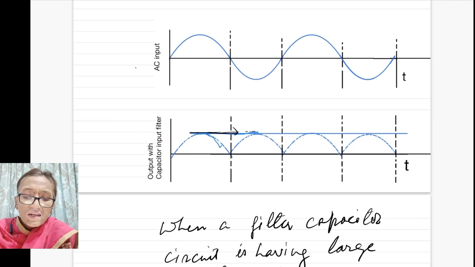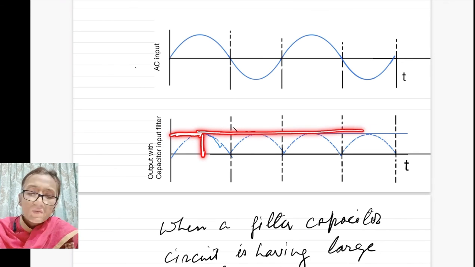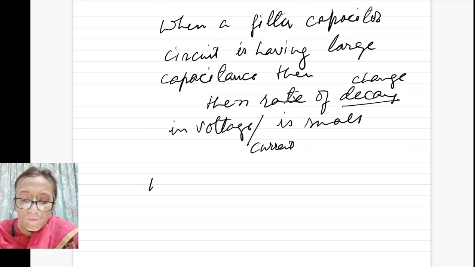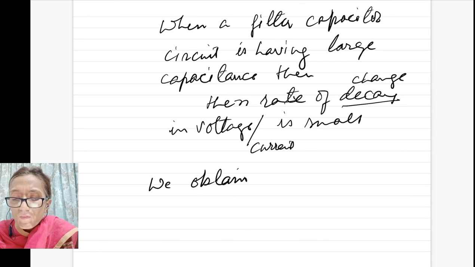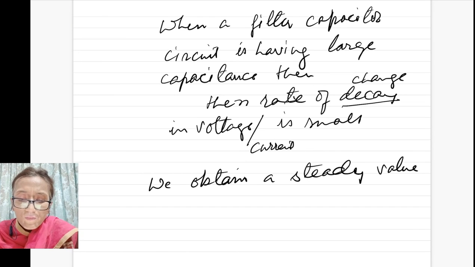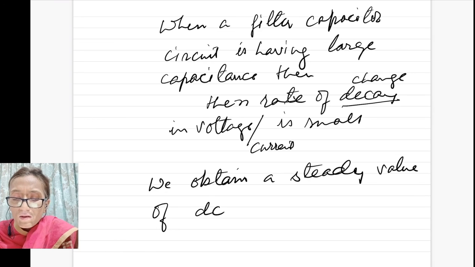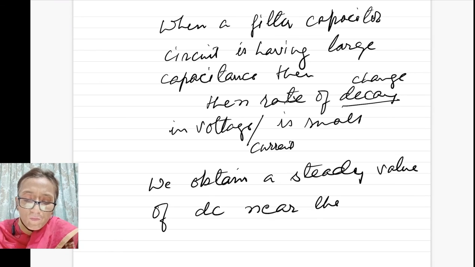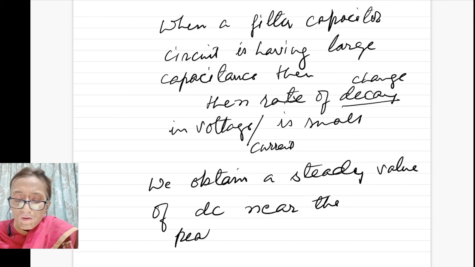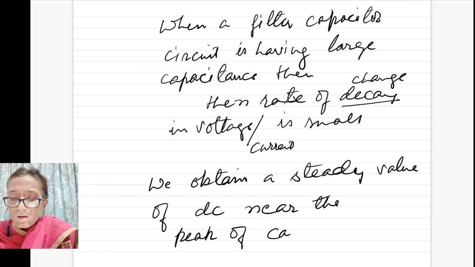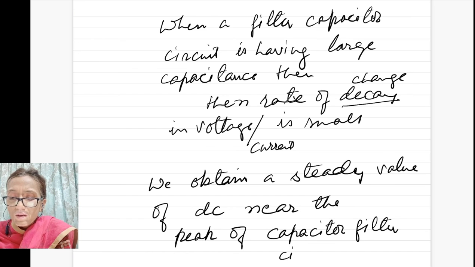So the input has its peak at this side, and near the peak of the capacitor filter circuit, you obtain a steady value of DC. So I conclude.